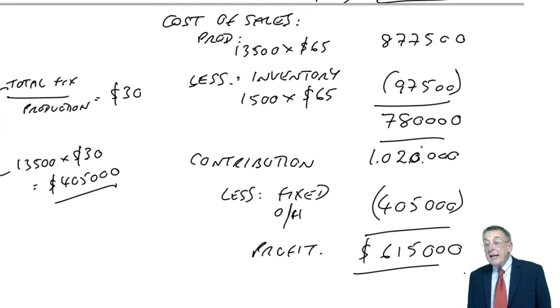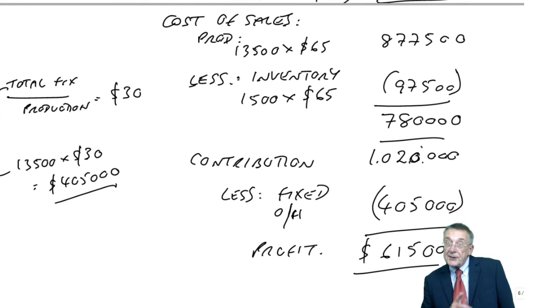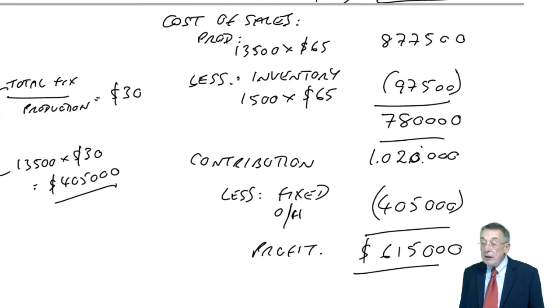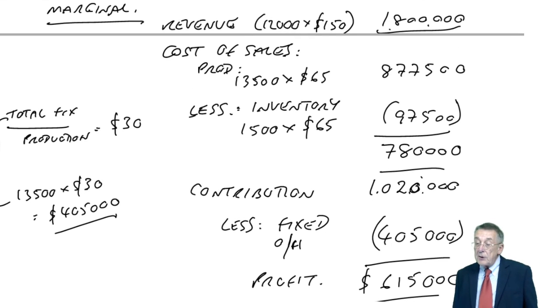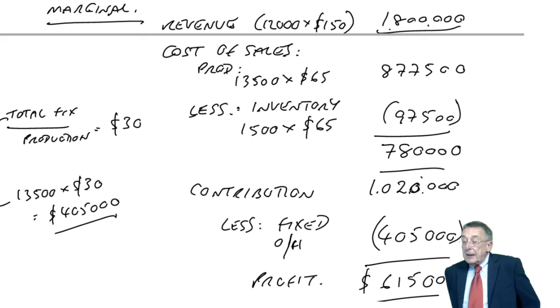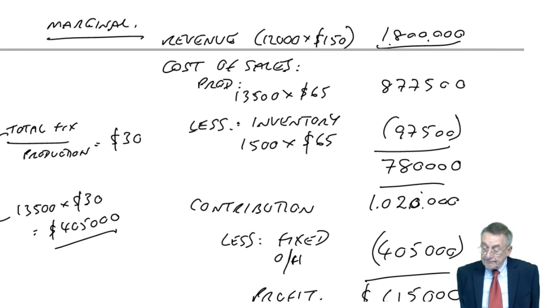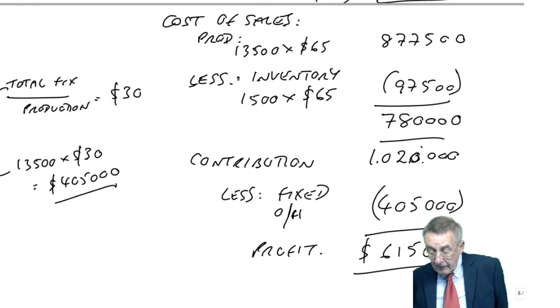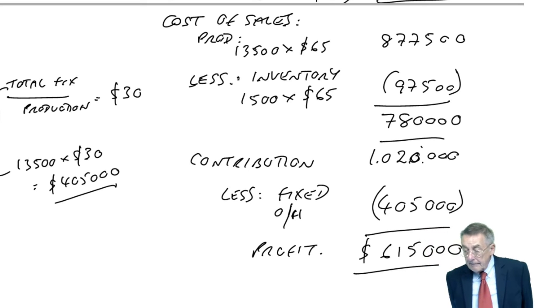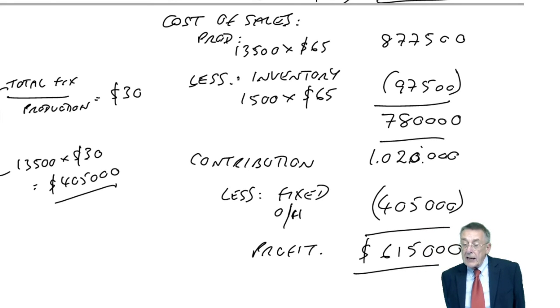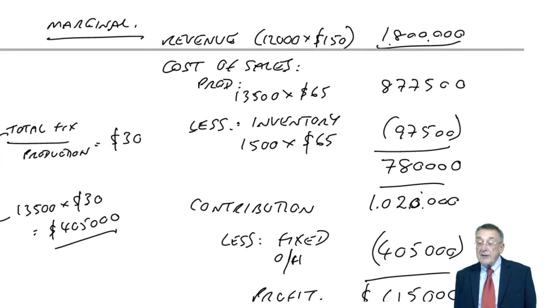Now again, I said at the beginning, we're doing more than this question asks. If this was asked in the exam, you don't waste time doing everything I've done. I've done it deliberately, because of revision. It is important we're all clear that marginal gives us 615,000.